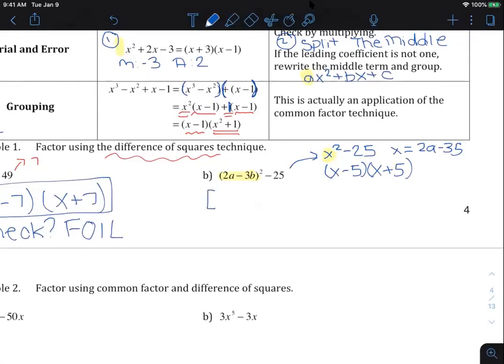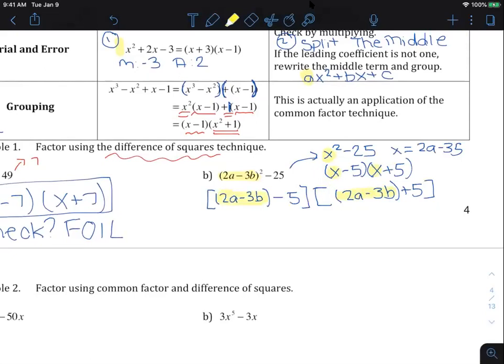So what I'm going to put in that place is really 2a minus 3b minus 5 times, and you can use parentheses or brackets, 2a minus 3b, and this time it's going to be plus 5, okay? So I'm subbing for these x's 2a minus 3b. That's what I did.